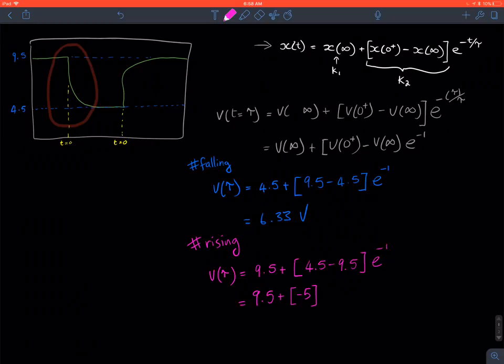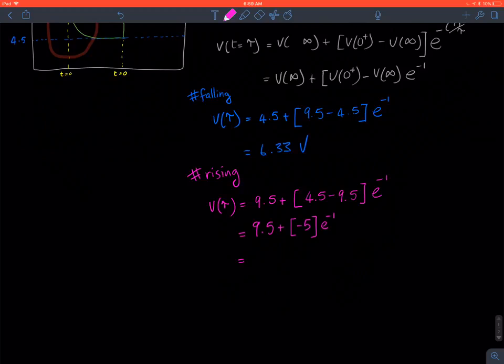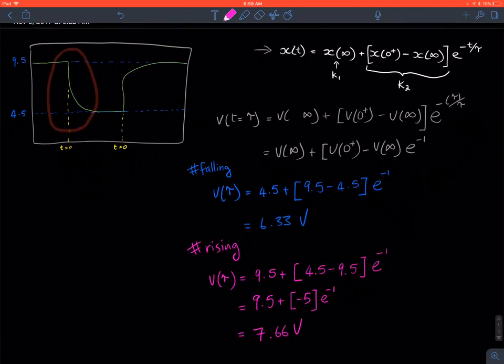In the above example for falling, it was plus 5, e to negative 1. And that will be equal to minus 5 times e to the power of negative 1. So in your lab manual, it kind of approximates these numbers, but these are exact. So this is 7.66 volts. So now you know where you can go to find the falling and rising.